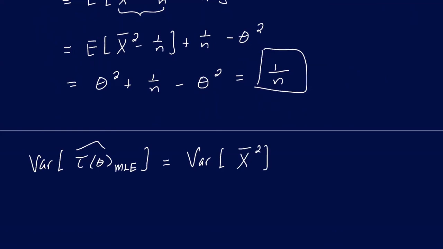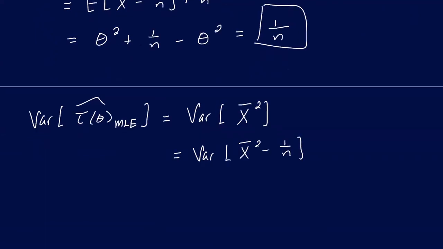So this is something we've already computed because this is the variance for x bar squared minus 1 over n, because it doesn't matter if I add or subtract a constant. And that is the estimator from part A, and we found its variance in part B. This is 4 theta squared over n plus 2 over n squared. Same variance as before.